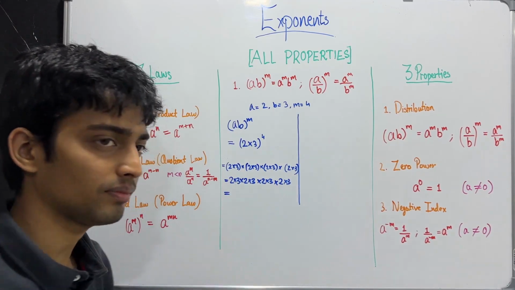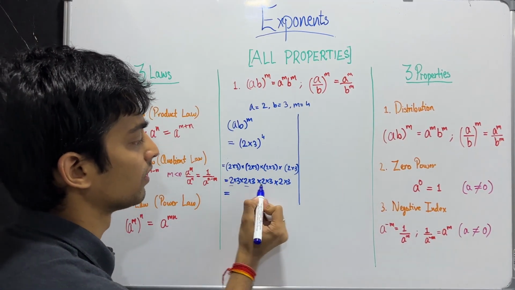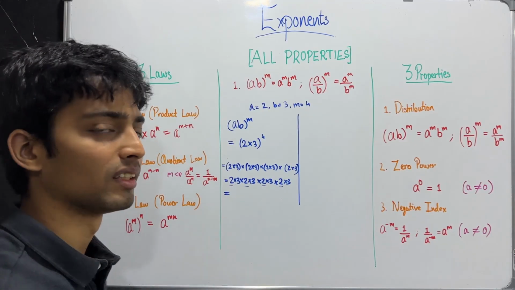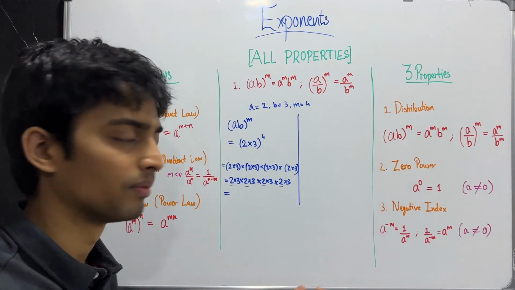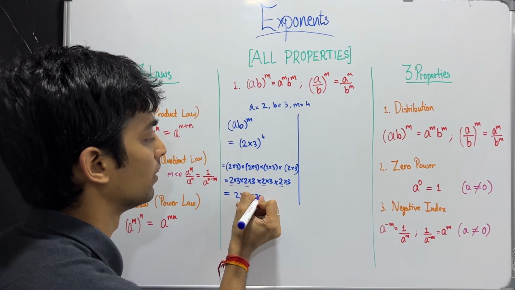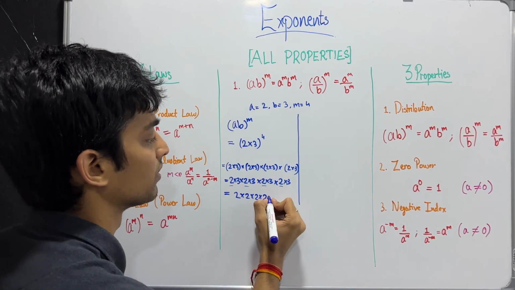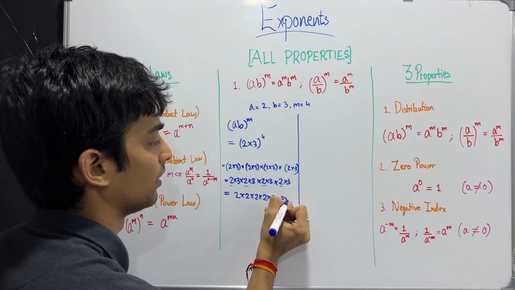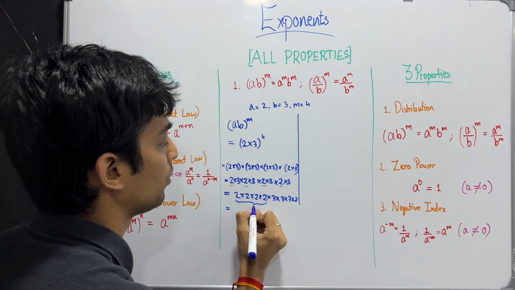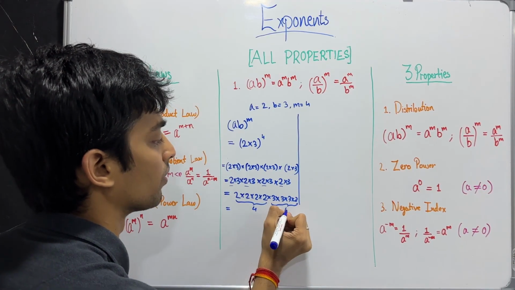Now, look at the 2's here. We can write them together. So, multiplication is commutative. So, we can rearrange them. So, we can write all 2's together first. 2 into 2 into 2 into 2. And all the 3's afterwards. 3 into 3 into 3 into 3. Okay. How many 2's are there? 4. How many 3's are there? 4.